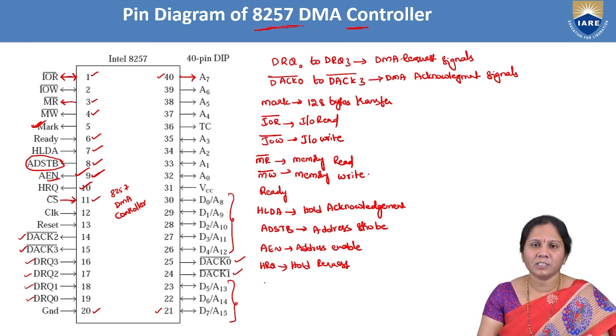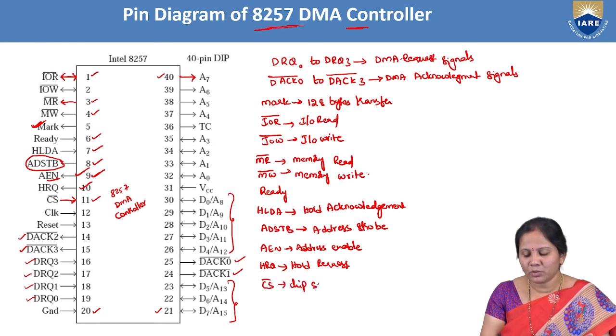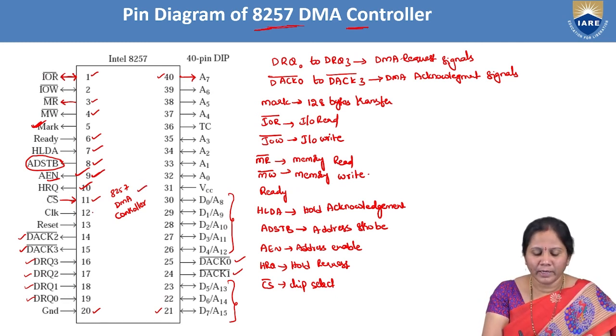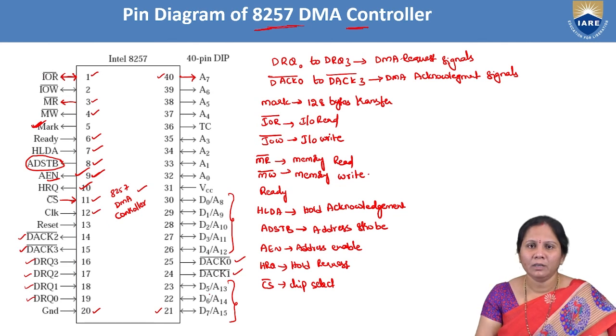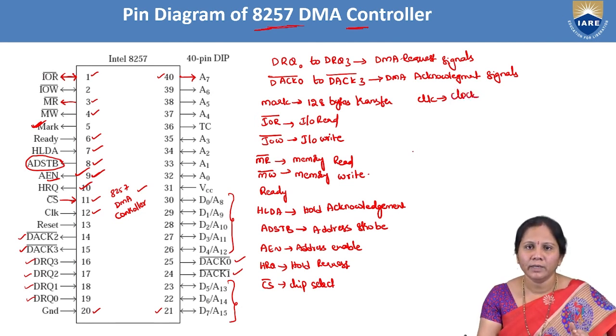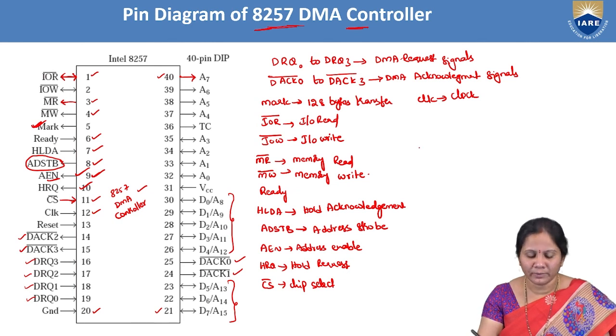This is CS bar, which represents chip select. This is the signal which is going to enable this 8257 DMA controller. The next one, pin 12, is the clock signal, which is the basic operation to synchronize all the blocks in the 8257 DMA controller.